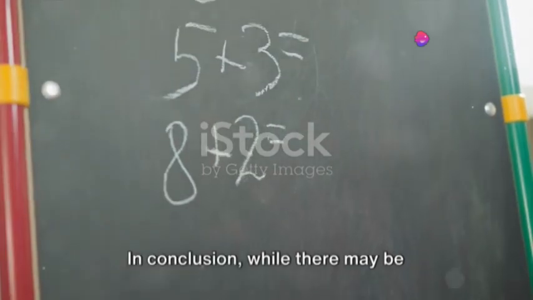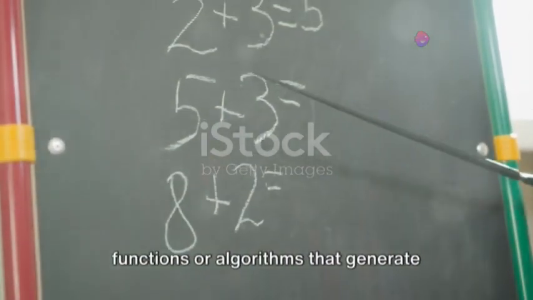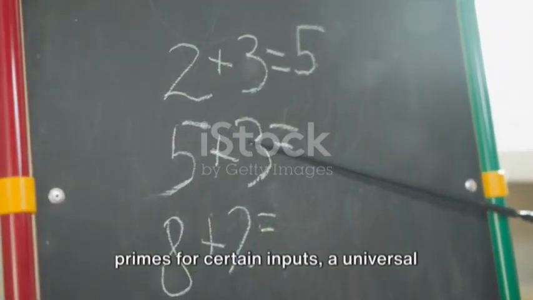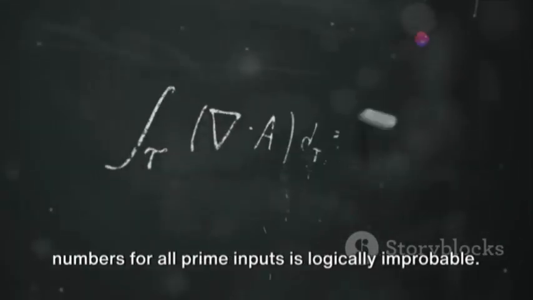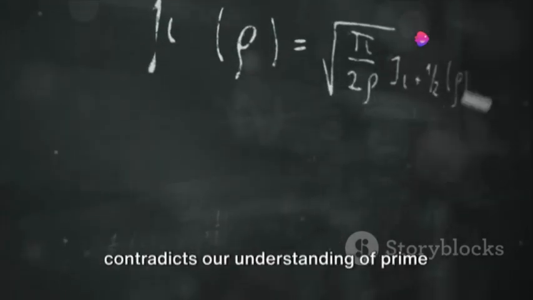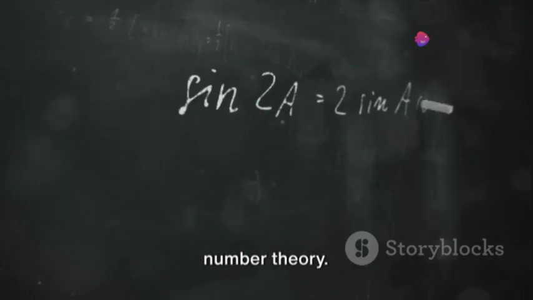In conclusion, while there may be functions or algorithms that generate primes for certain inputs, a universal formula that consistently produces prime numbers for all prime inputs is logically improbable. The claim that such a formula exists contradicts our understanding of prime number theory.